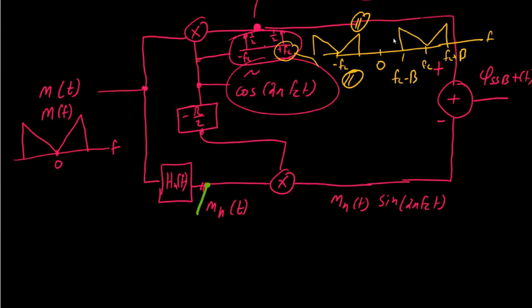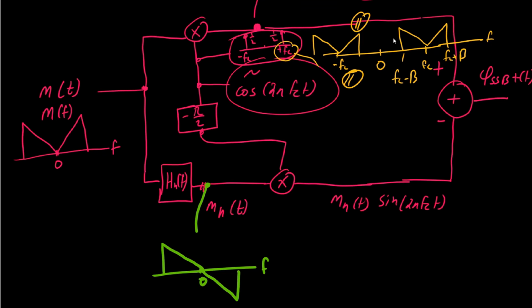Try to visualize what would be the outcome of the Hilbert transform. So this is our 0, and we would have a spectrum of this shape.